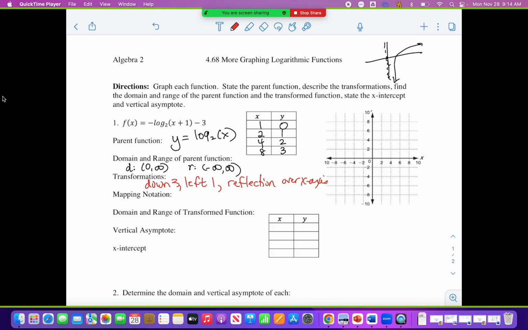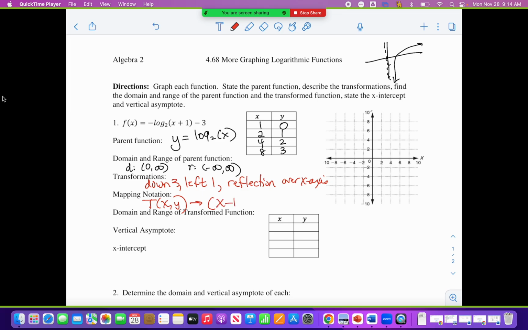My mapping notation. Anybody want to try it? What would be the mapping notation based on these 3 transformations? Yeah, Brendan? Parentheses, negative x minus 1, comma, y minus 3.